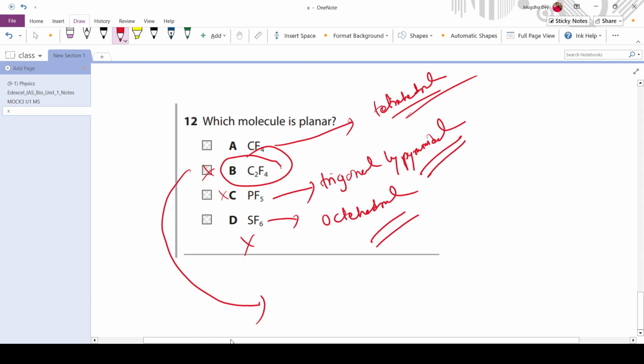Now, did you do it the way I did, or are you asking how we will understand the shape by seeing the two central atoms? I mean, if there are two central atoms, is it?